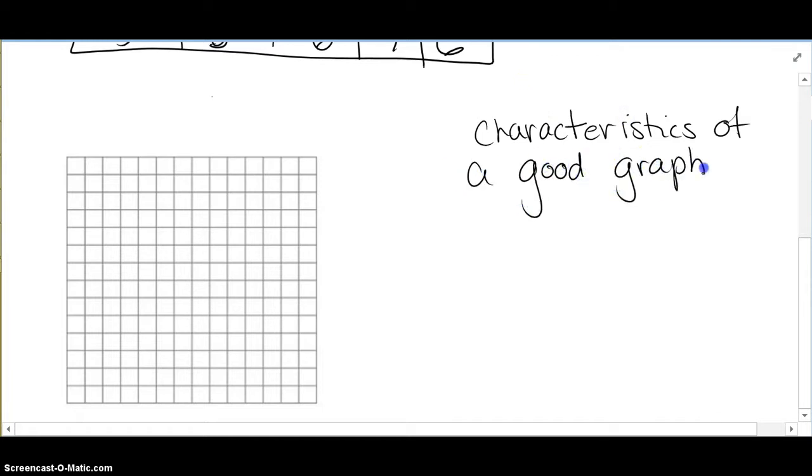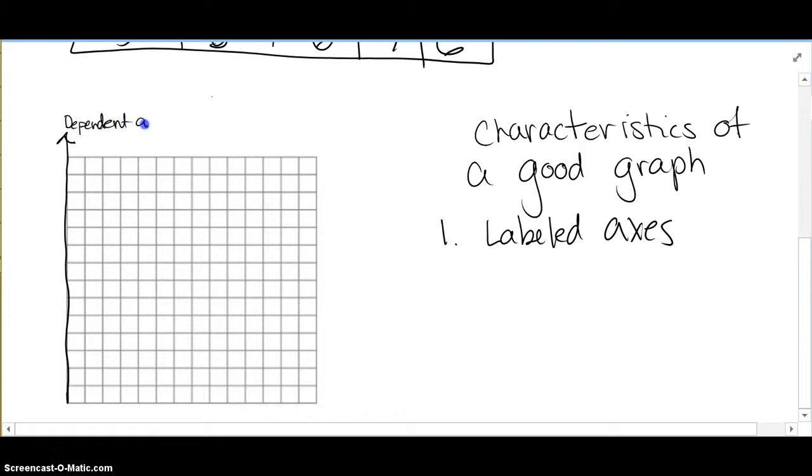So a good graph, first, has labeled axes. A graph has 2 axes. In math class, you might call this the y-axis, but we call it the dependent axis. And down here, we have what you might call the x-axis.